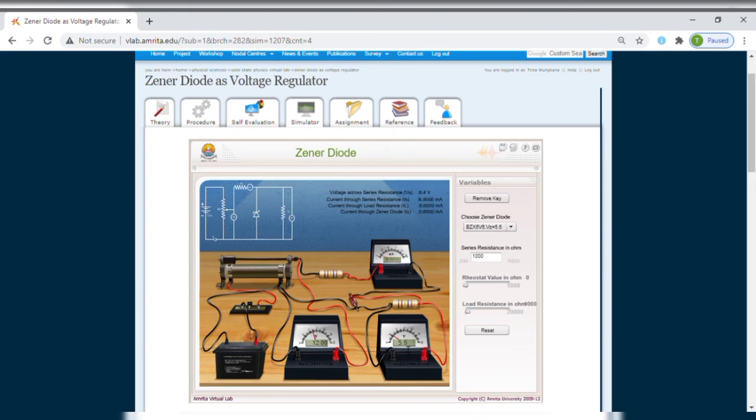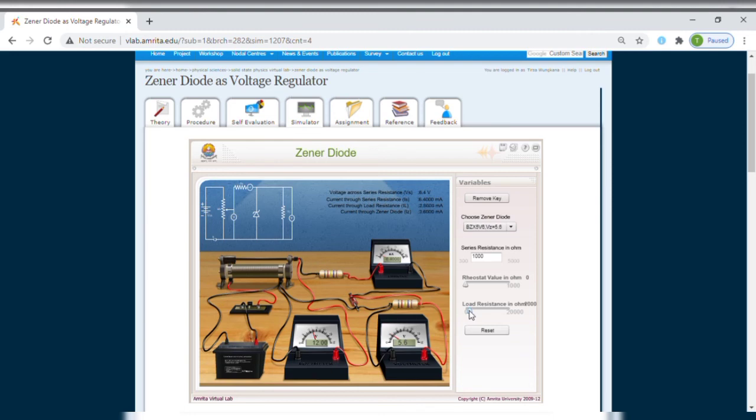And as you can see here, the voltage loaded or Zener voltage is 5.6 volt, the voltage on the first resistor is 6.4 volt, and the input voltage is still the same, 12 volt. And after that we're increasing it to 1500, and as you can see here, the value remains the same.